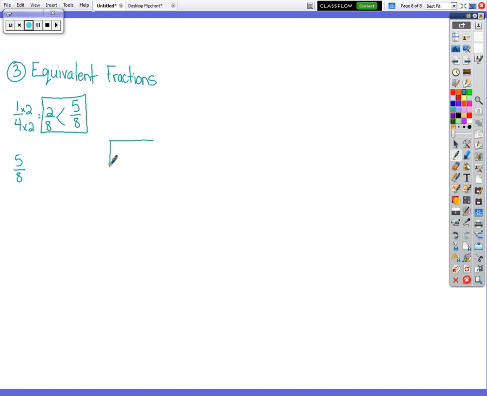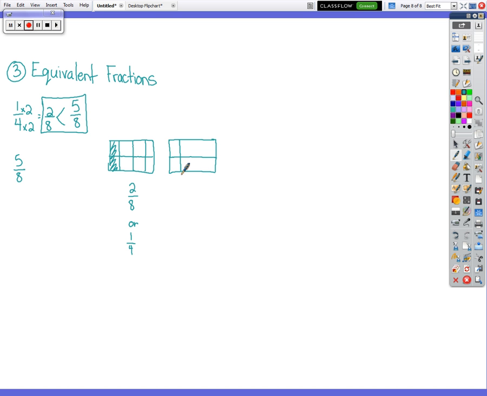If I was going to show you a picture, 1, 2, 3. There's my 2/8, otherwise known as 1/4. Oops, that one's a lot bigger than this other one.